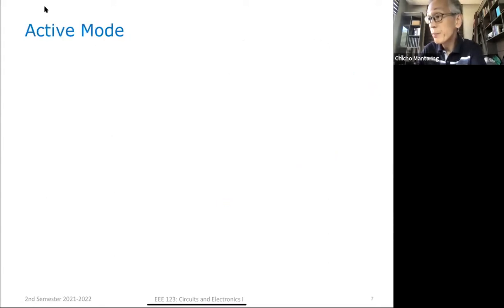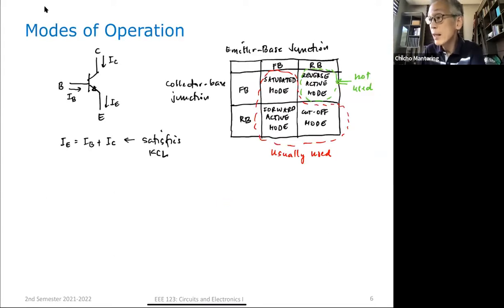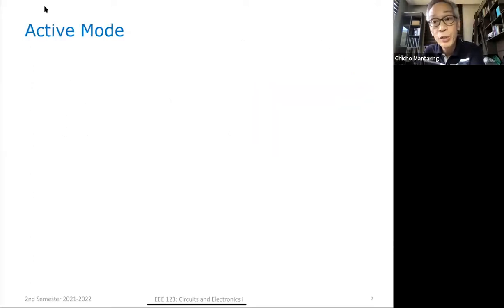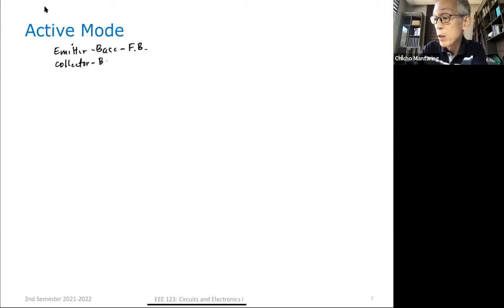So let's discuss the different modes of operation in more detail. Forward active mode: sometimes we just say active mode, because usually we don't use the transistor in reverse active mode. So when we say active mode, the implication is forward active mode. So what is active mode? The emitter base is forward biased, and the collector base is reverse biased.